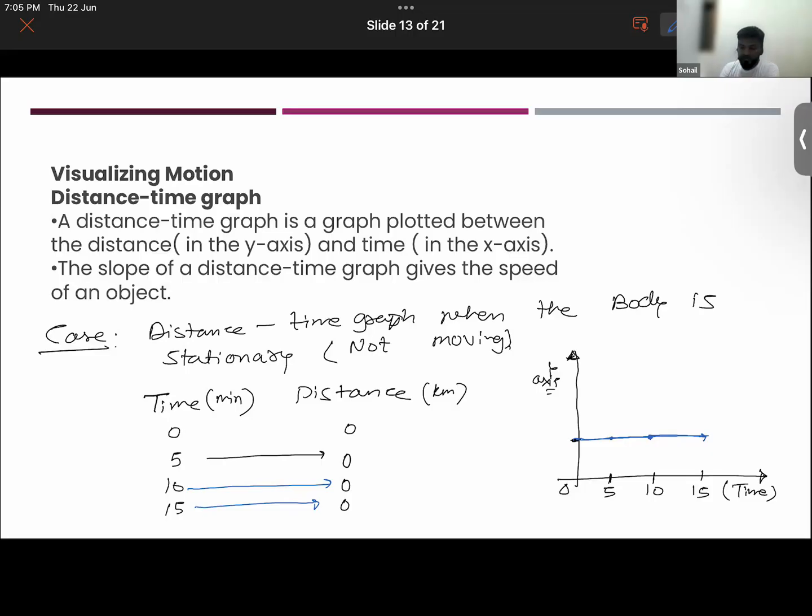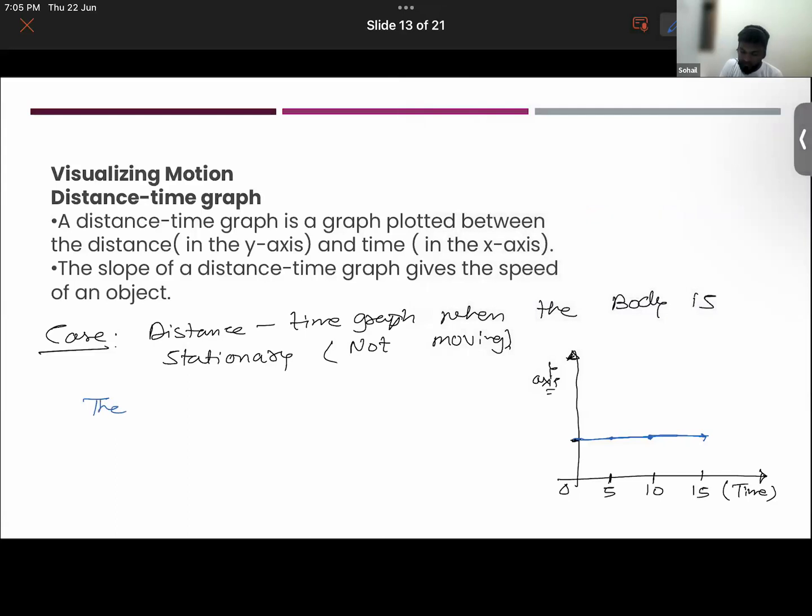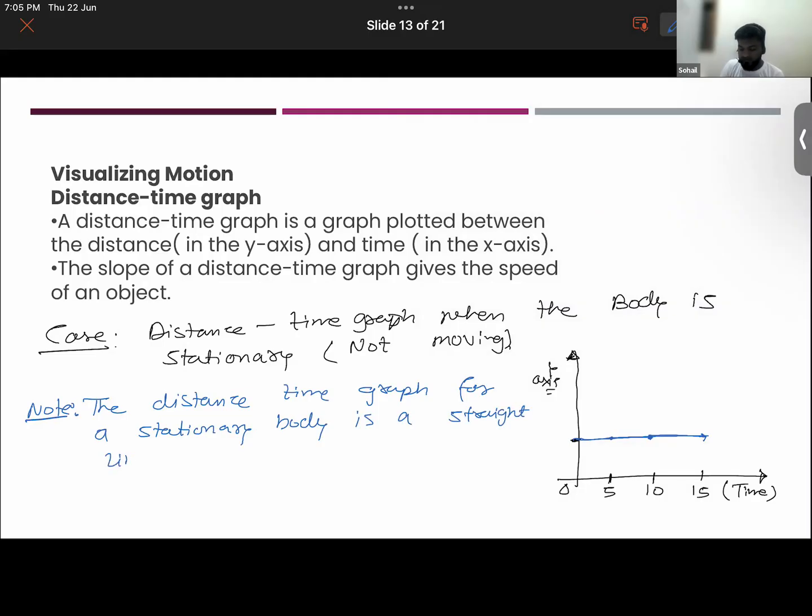Okay, remember this thing, it's very important. The distance time graph for a stationary body is a straight line parallel to the x-axis.